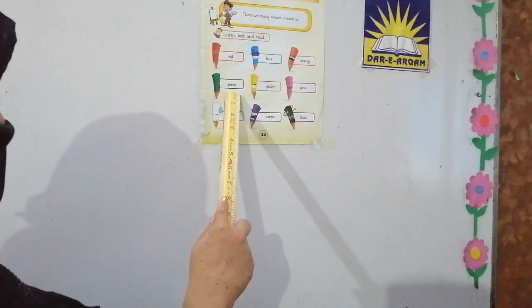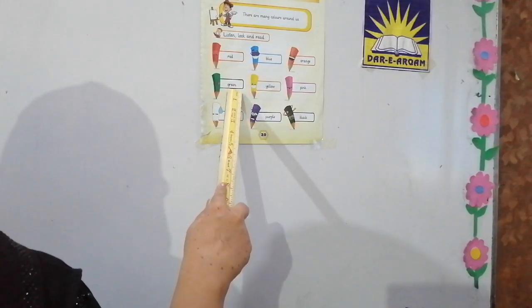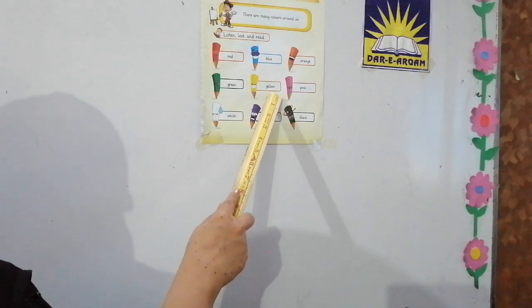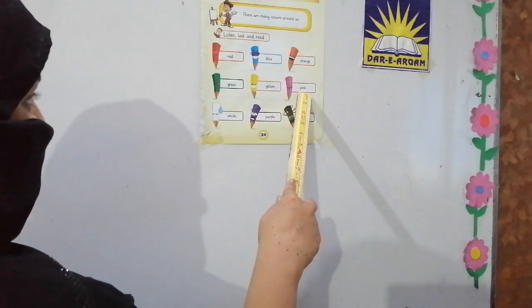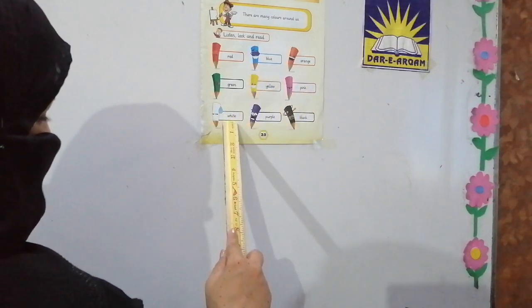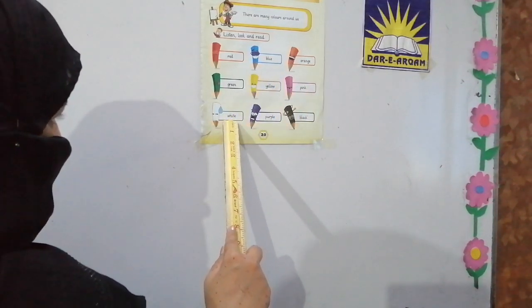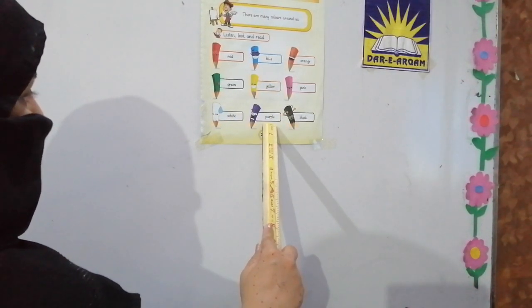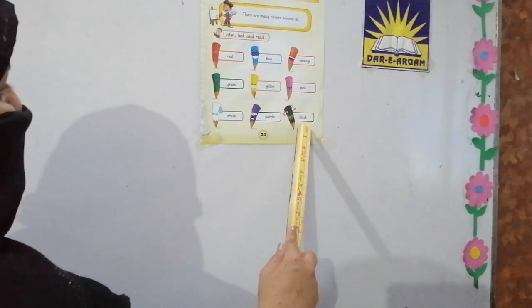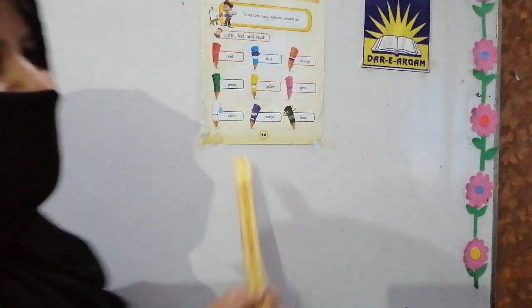Green. Yellow. Pink. White. Purple. Black.